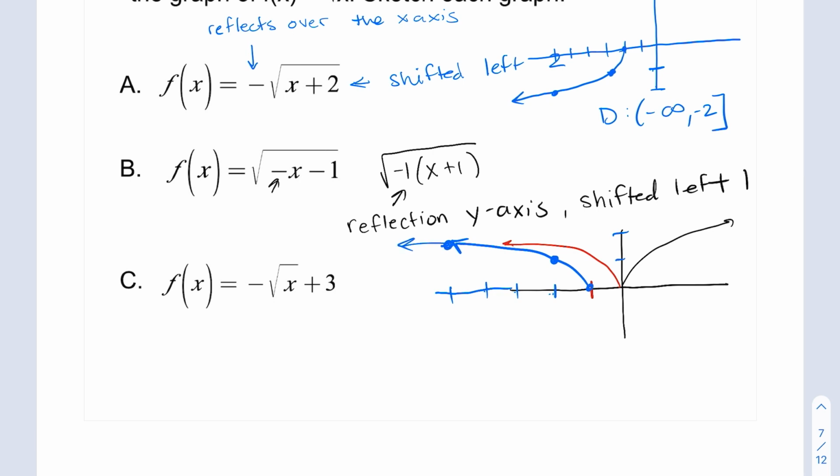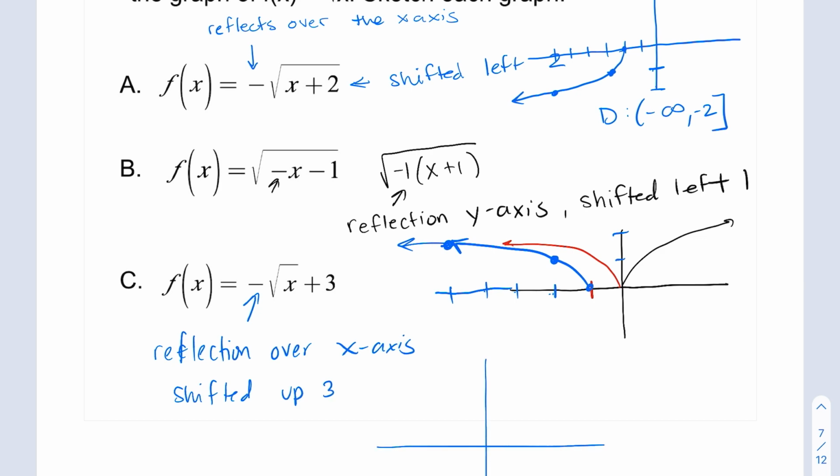The next one also has a reflection, but because it happens outside the square root, it's going to be a reflection over the x-axis. And then a vertical shift up 3. First thing you're going to do is reflect over the x-axis.